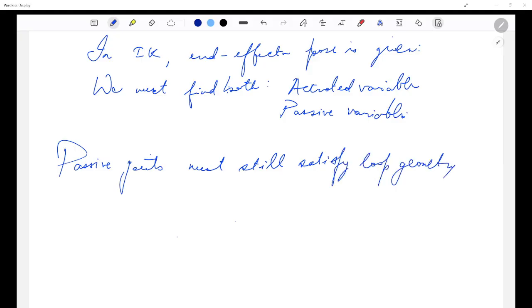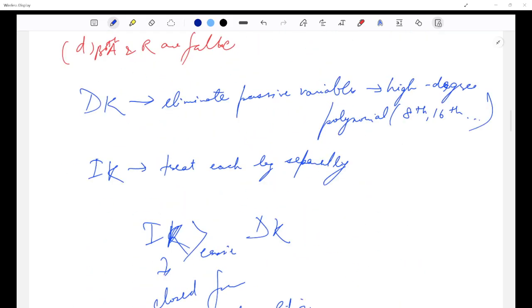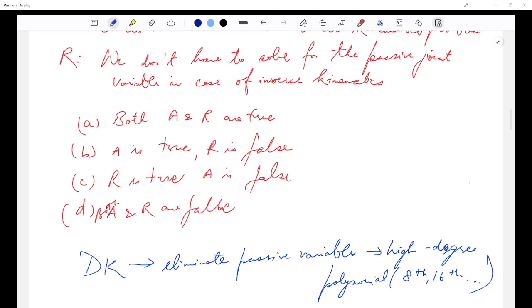So they are often obtained geometrically from the known pose, right? So we do solve for passive variables, just not via elimination of coupled nonlinear equations like in direct kinematics. So the correct answer is A is true, but the reason is false.